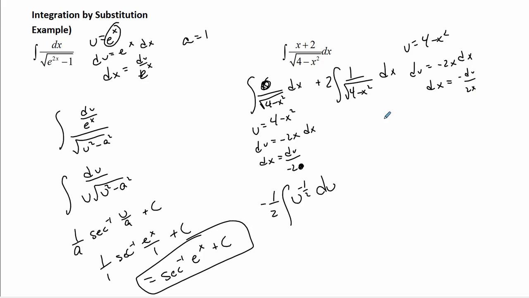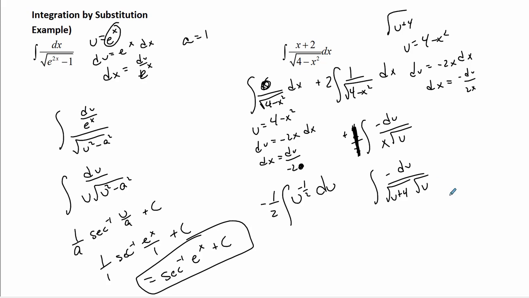So this would be plus 2 times the integral of negative du over, well actually this 2 would come out, so 2 divided by 2 is a 1, and this would be x times the square root of u. And if we wanted to solve for that x, you would get the square root of u plus 4, so this would be the integral of negative du over the square root of u plus 4 times the square root of u.